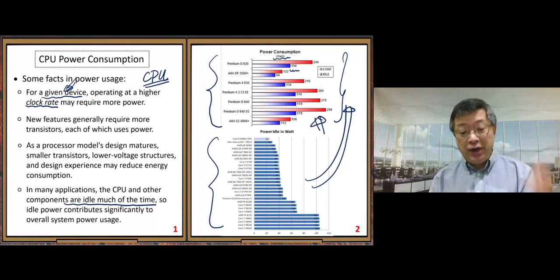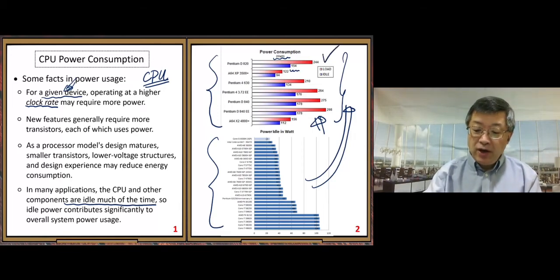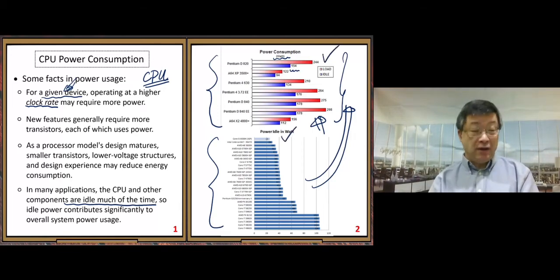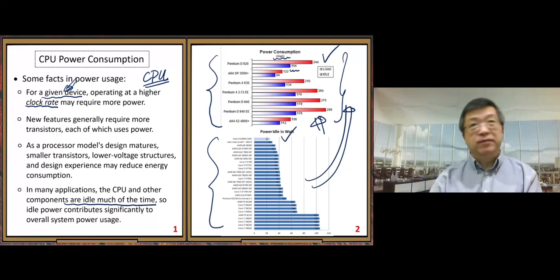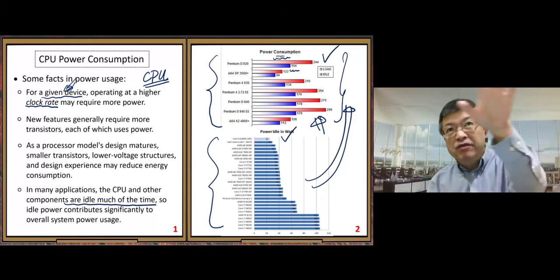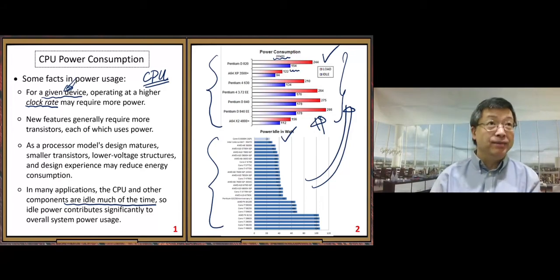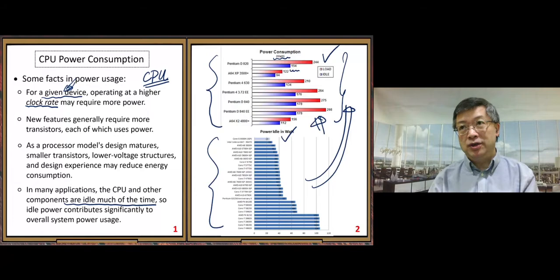How much reduced? Let's compare the Intel CPU. The first one here and the first one there: 150 in that category, that big idle power consumption.